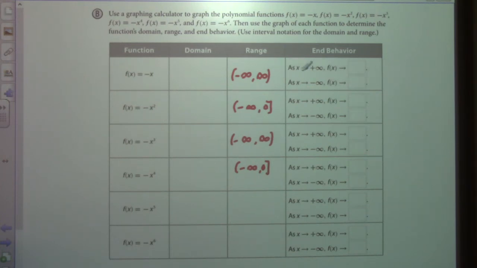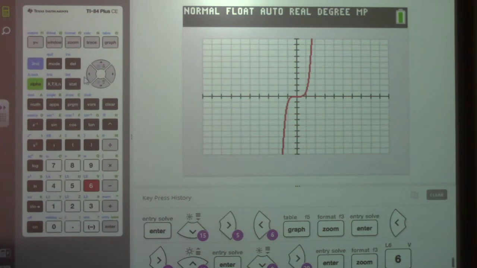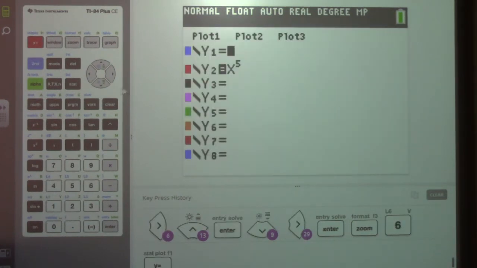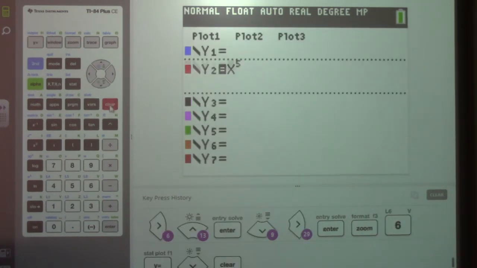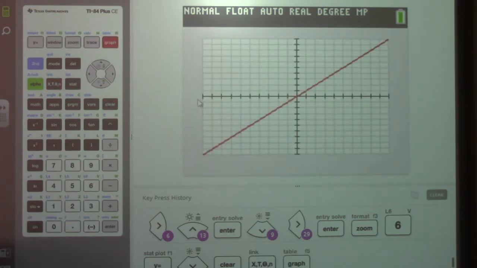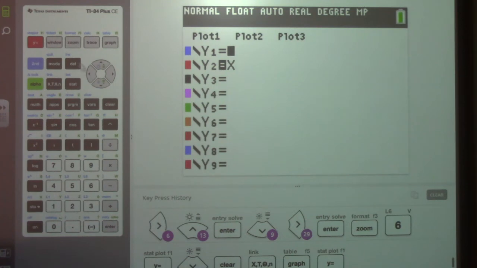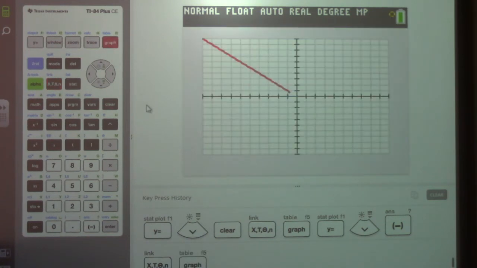It's not the same, because as x approaches infinity, f of x approaches, let's go here, look at that. We have x, so it's negative x, right? Let's go to negative x. So as x approaches infinity, f of x approaches negative infinity.